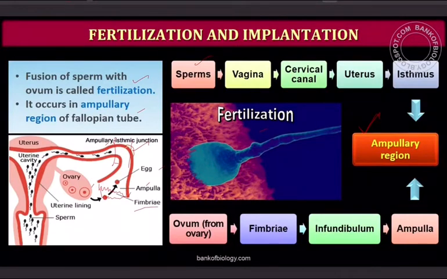In the isthmus ampullary region, what is most important? Fertilization takes place. So what is fertilization? Fusion or union of the nucleus of the sperm with the nucleus of the functional ovum. And remember, both the sperm and ovum have n number of chromosomes, that is only one set of chromosomes.